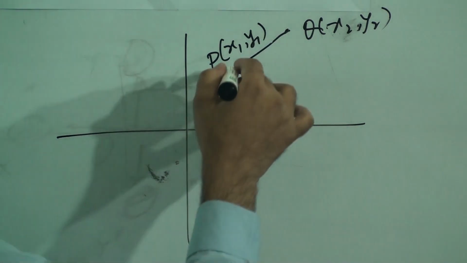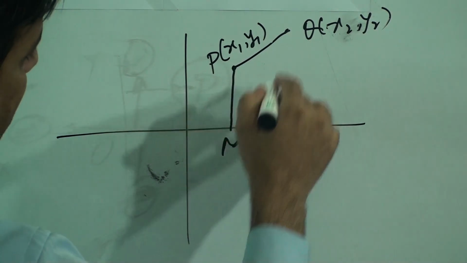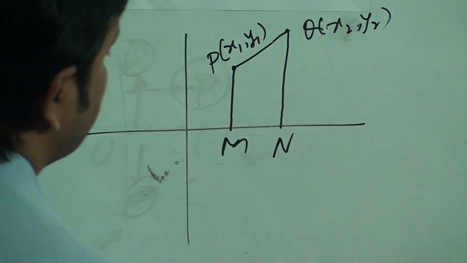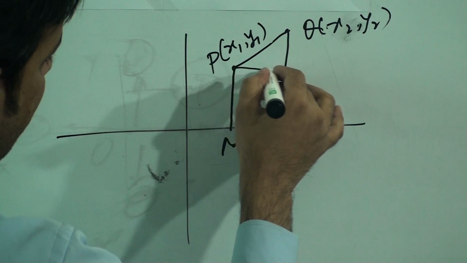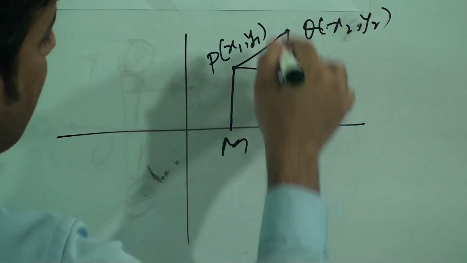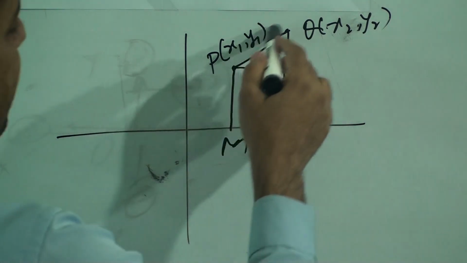For this, we can draw a perpendicular PM and another perpendicular QN. Now draw perpendicular PR on QN. From this figure, we can determine the distance PQ easily.